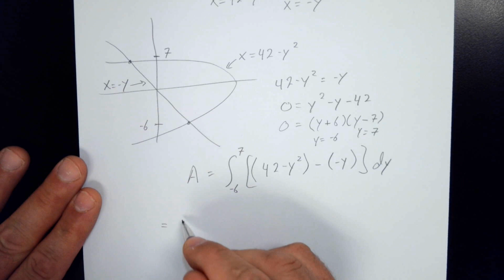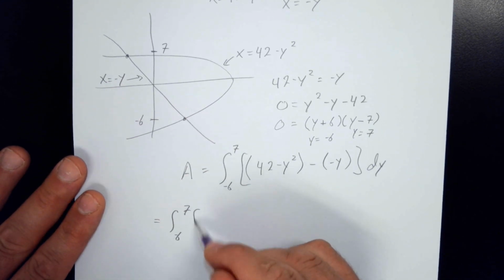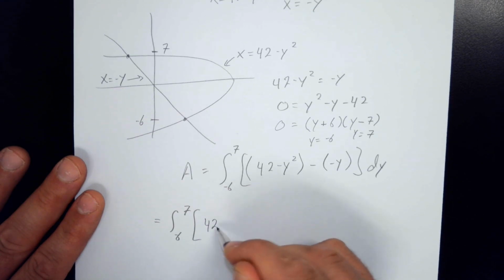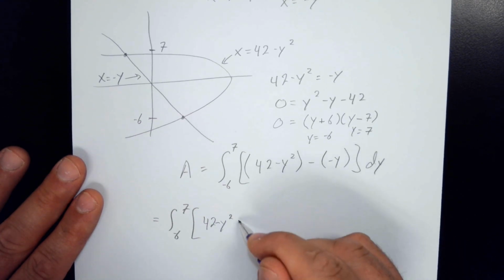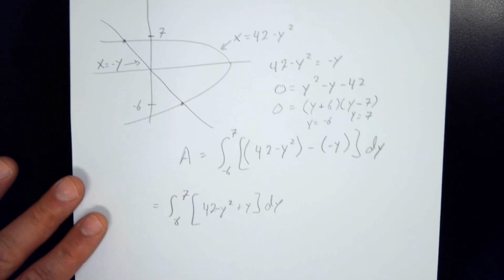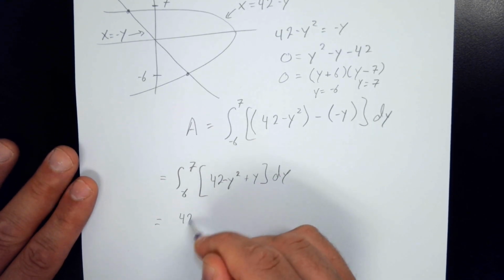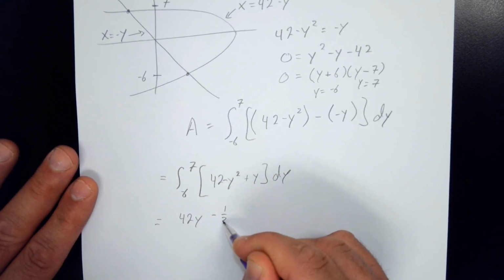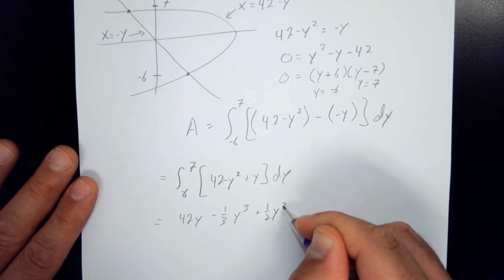Okay, so let's see. This is the integral from negative 6 to 7 of 42 minus y squared minus a negative would be plus y dy. And if we integrate that, we get 42y minus 1/3 y cubed plus 1/2 y squared.